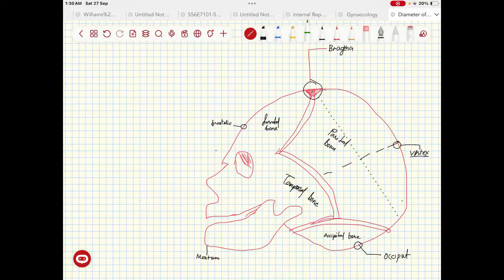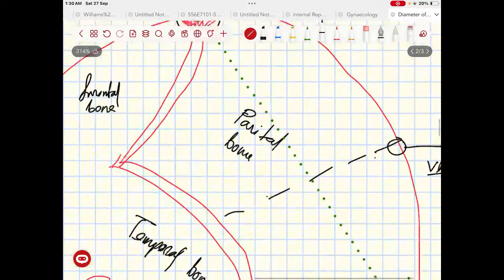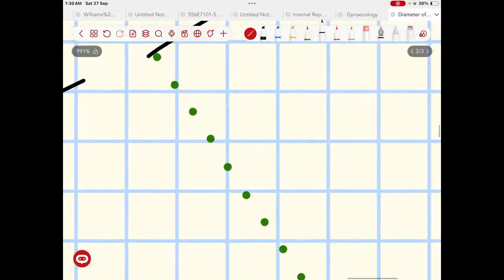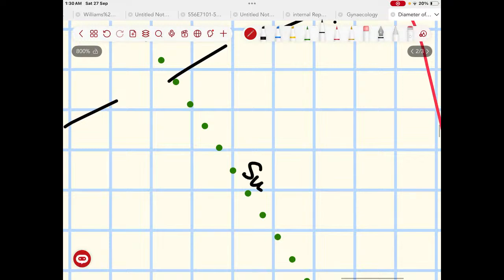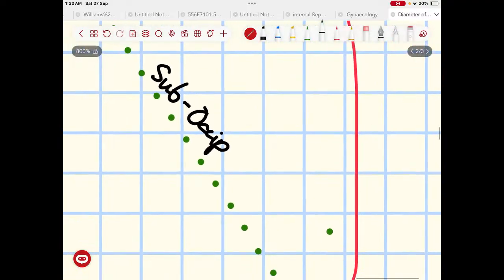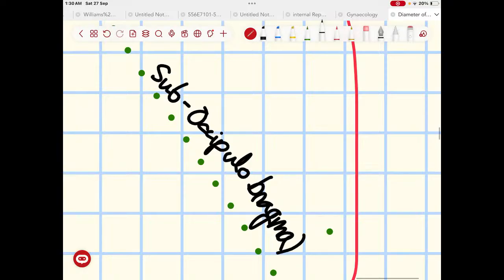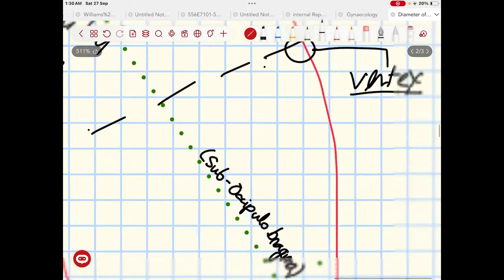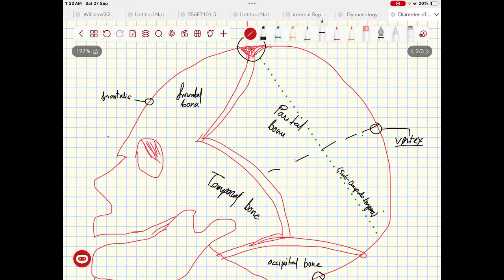Bregma to occiput, subocciput to bregma. It is called suboccipitobregma. Okay, subocciput bregma.